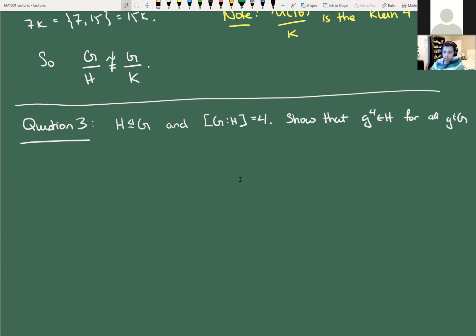So yeah, let's do this. And again, there's a big hint here, which is you know that the index of H in G is equal to 4, and you know that H is normal. So you know exactly what the order of the quotient group G mod H is, and it is what?